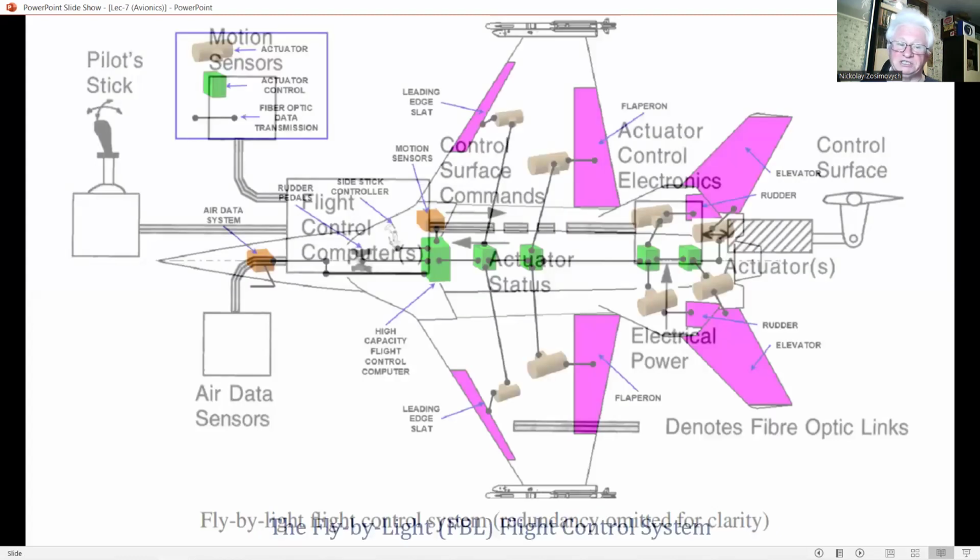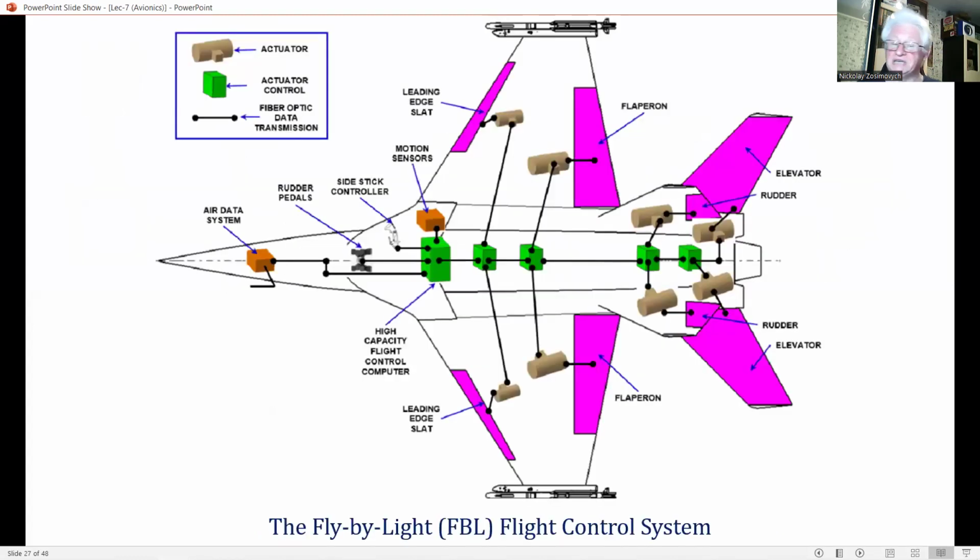A further advantage of fiber optic data transmission is the ability to use wavelength division multiplexing, whereby a single fiber can be used to transmit several channels of information as coded light pulses of different wavelengths or colors simultaneously.